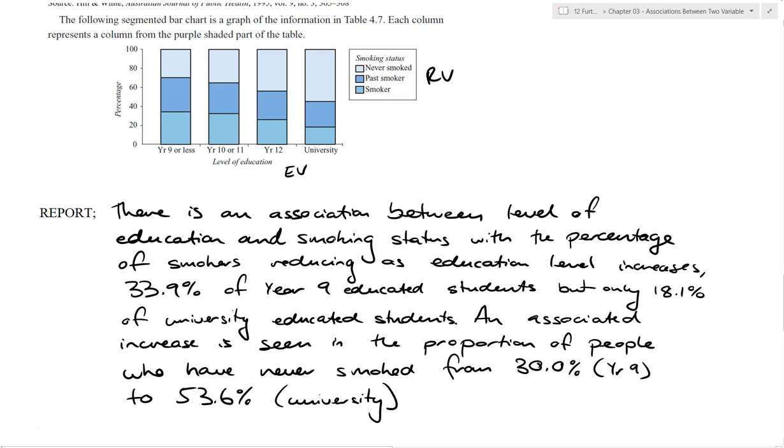An associated increase is seen in the proportion of people who have never smoked, from 30.0% in Year 9 and 53.6% university. Now, just to be clear, this isn't saying that 33% of Year 9 students smoked or currently smoke. It's saying that 33.9% of people who they surveyed who only achieved a Year 9 education as the highest level are current smokers.